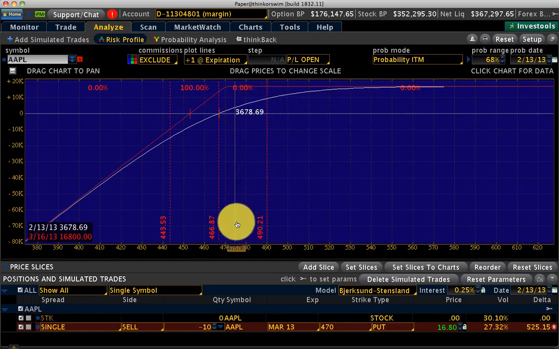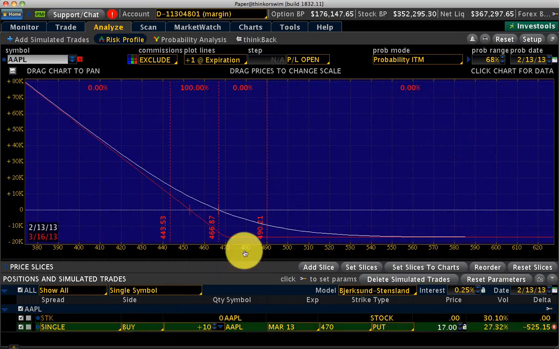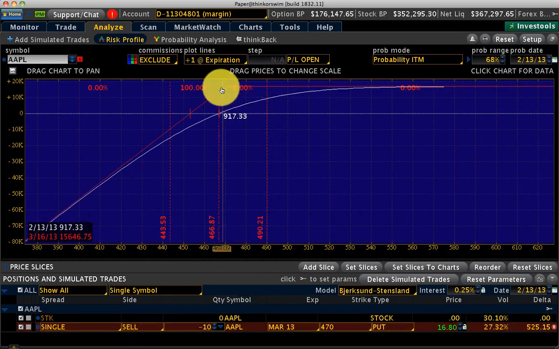Because we had a limited loss on the upside, the seller of this option is going to have a limited profit on the same side. If Apple continues to go up, the seller is going to make a maximum of $17,000, and that's this horizontal line you'll see in the seller's profile. So here the seller makes maximum profit.